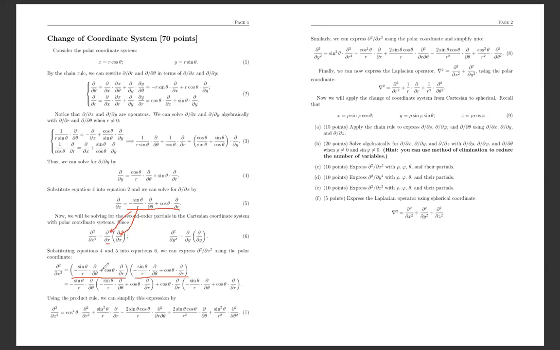And basically you can distribute the parentheses. So this times this, plus this times this, plus this times this.